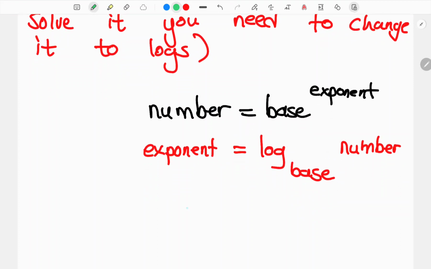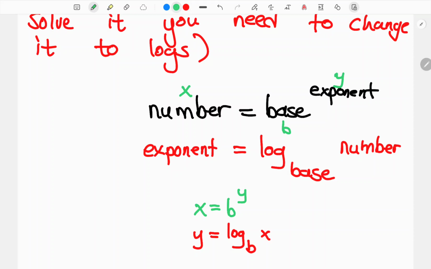So you have a number, represented by x, a base represented by b, and an exponent represented by y. Hence, we had x equals base b to the power of y in exponential form, and in logarithmic form it is y equals log base b of x.